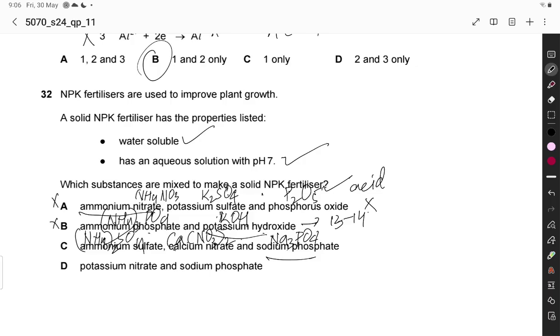So which substances are mixed to make a solid NPK? Potassium nitrate, KNO3, potassium is present, nitrogen is present, plus sodium phosphate, Na3PO4.